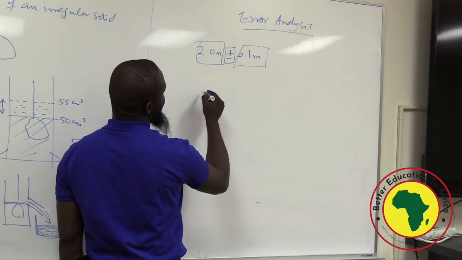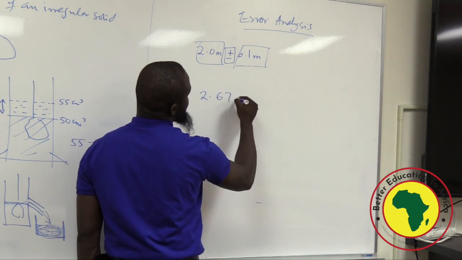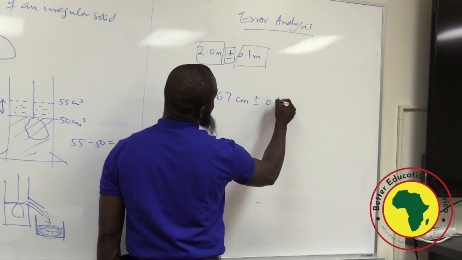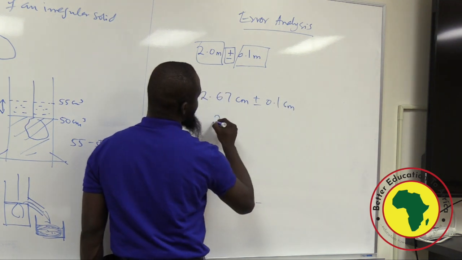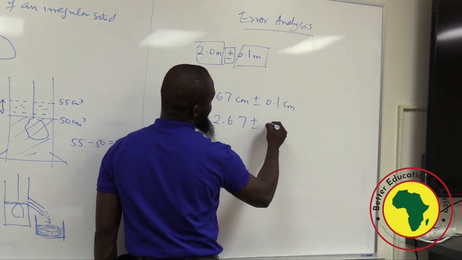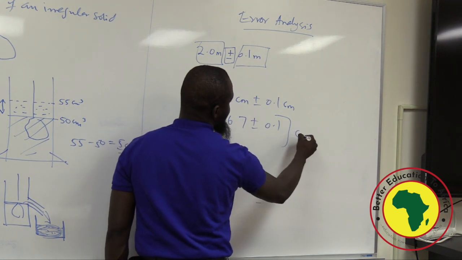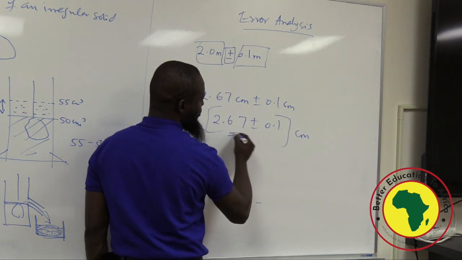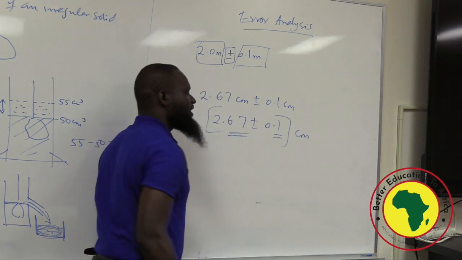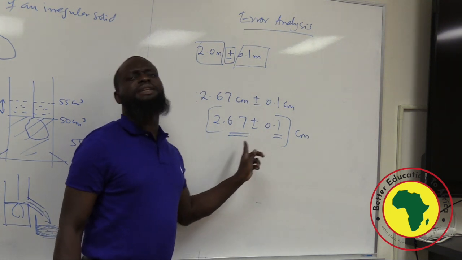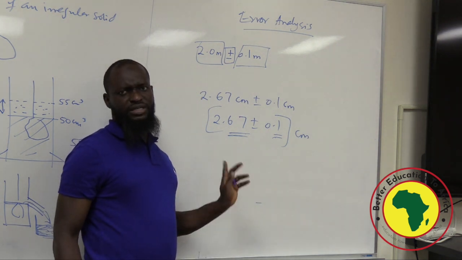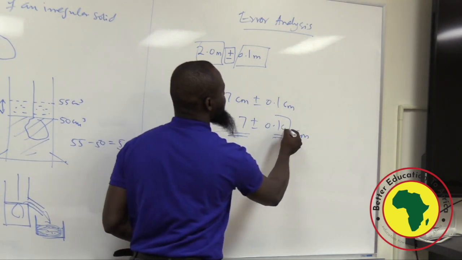So for instance, I cannot say 2.67 cm ± 0.1 cm, because this has two decimal places and this has one. Your error has to have the same decimal places as your measurement, for consistency. So we just say 0.10.